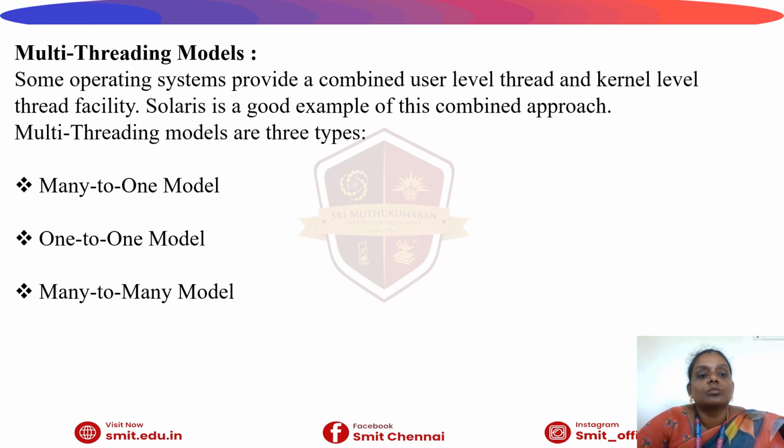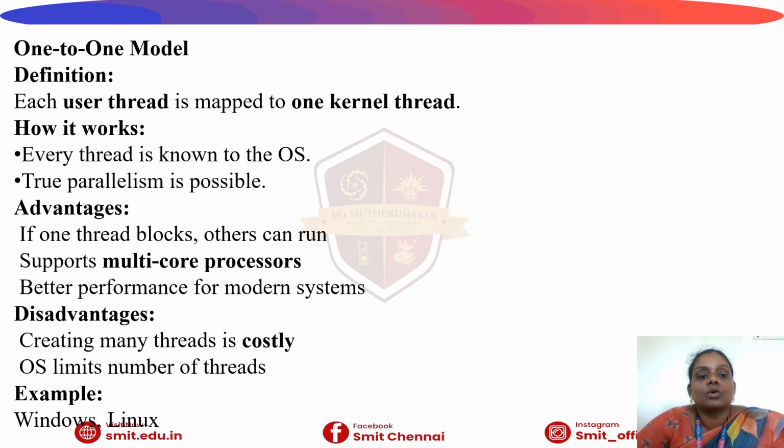In the multi-thread model, some operating systems provide a combined user level thread and kernel level thread facility. There are three types of model: many to one, one to one, and many to many. In the one to one model, each user thread is mapped to one kernel thread.